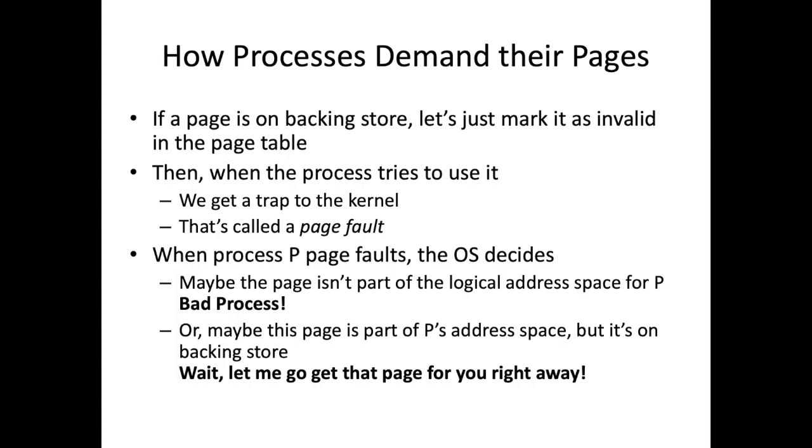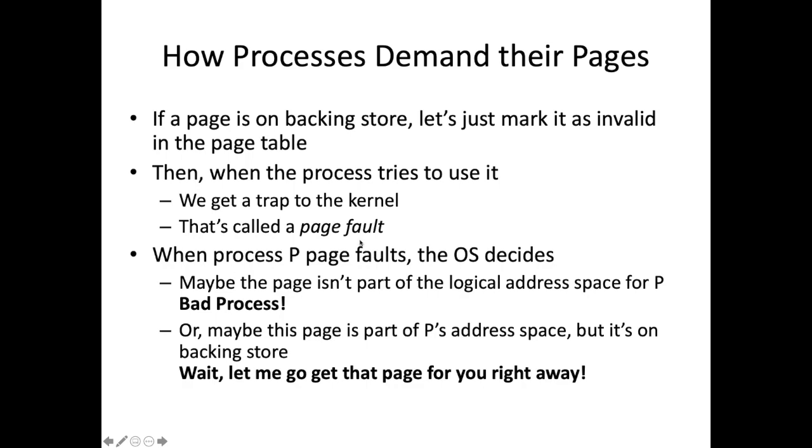So that's going to be our mechanism for figuring out when a process wants to access a page. Again, we'll mark it as invalid, and then if the process tries to access it, the OS will find out about that right away, because the hardware will think the process is trying to do something sneaky, trying to access a page that is invalid. And then the hardware will trap to the OS, and then the OS can decide what to do.